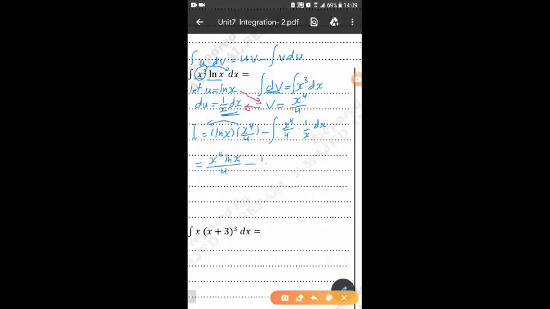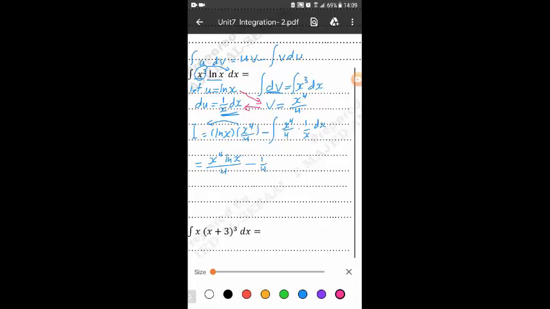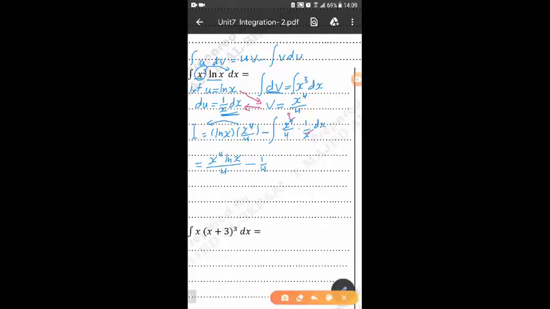I will put 1 over 4 outside the integration, and this x will be cancelled with this 4, so this will be x3. Are you with me? Yes. Integration of x3 dx. So my integration has been changed to a really easy integration.